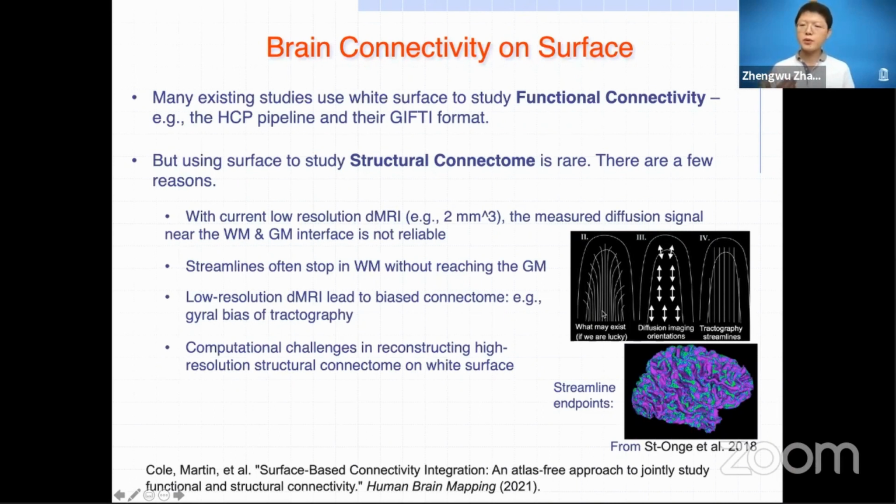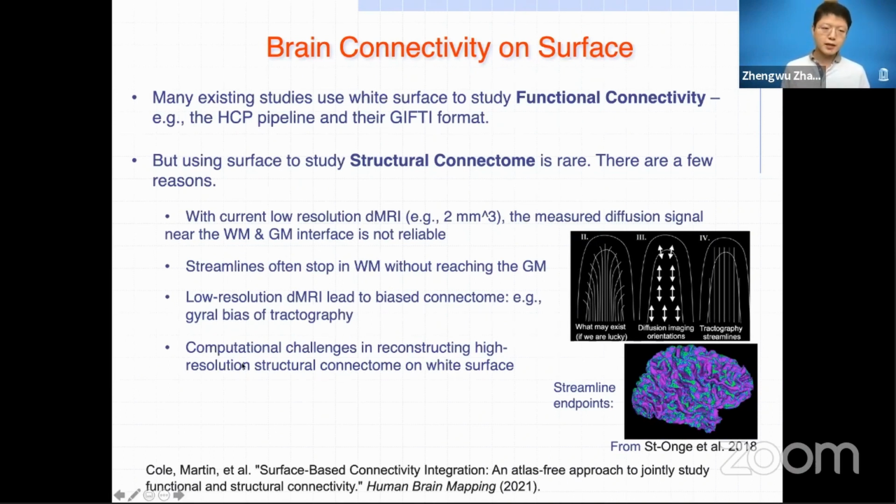So basically, when you build the connectivities on the surface, you only cover the peak and you kind of ignore the wall. That's not the truth, because from histological studies, people find that there are all sorts of fibers connecting to the wall of this gyral blade. So that is a fundamental problem preventing us from using the surface to study structural connectivity.